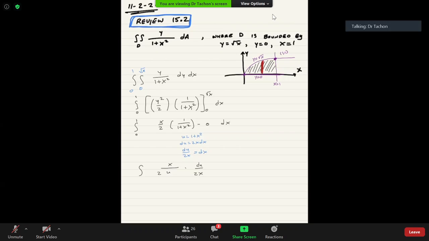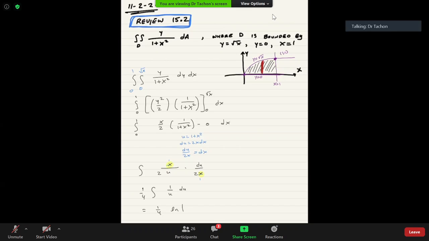The x's cancel, so they're gone. Pull out the 1/4 if you want to. What do we integrate in here? 1 over u, so it's going to be natural log. So you have 1/4 up front.